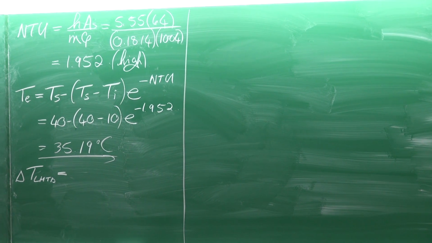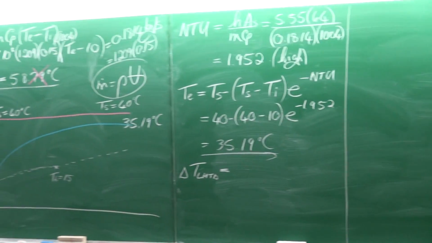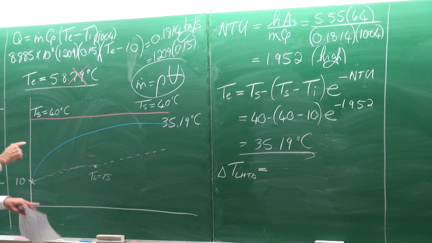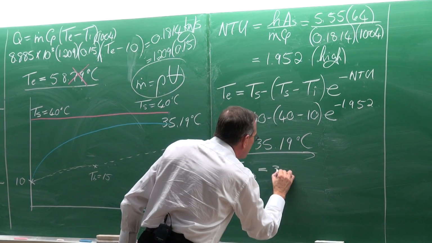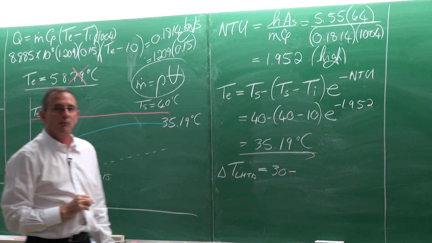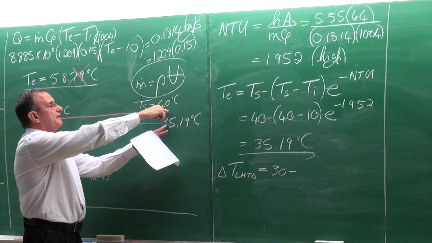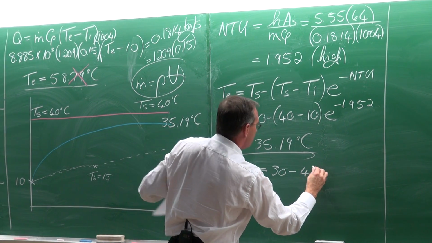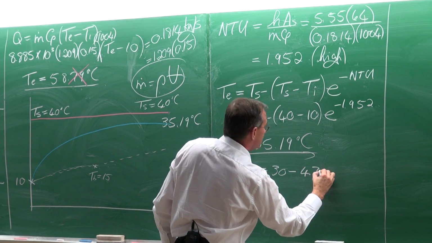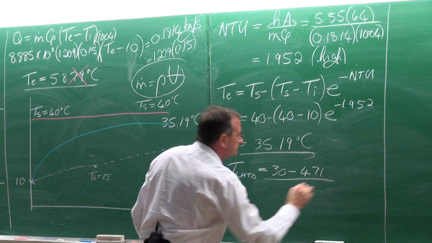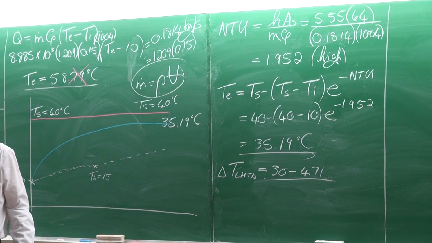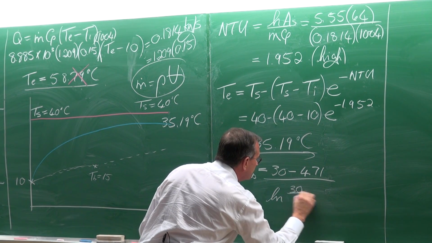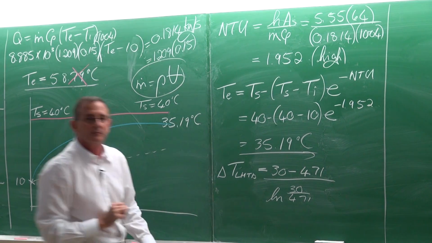Okay, so before you write, just look at me. 40 minus 10 is a delta T difference of 30, minus this temperature difference here, which is equal to 4.71, divided by the ln of those two terms, 30 divided by 4.71.